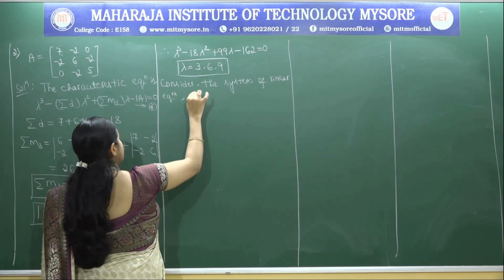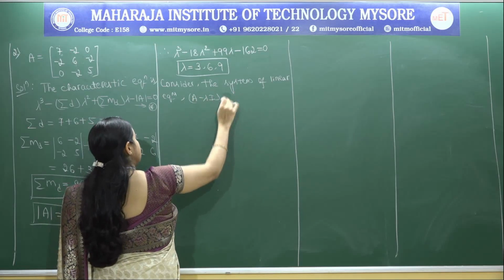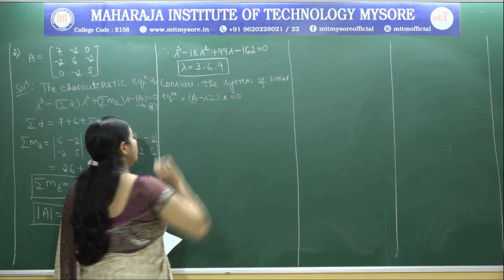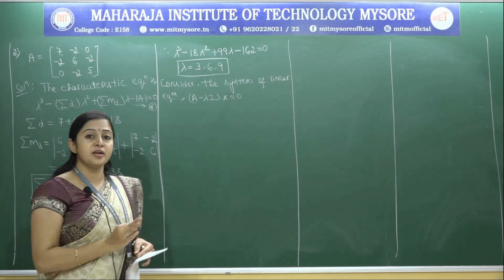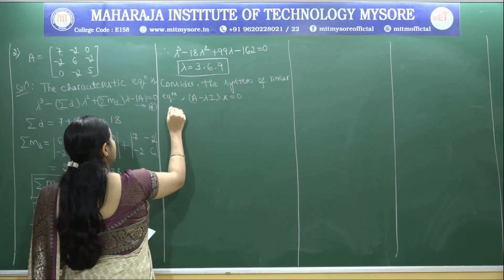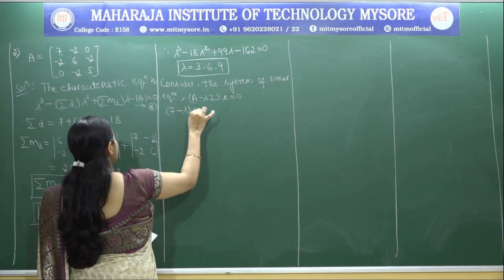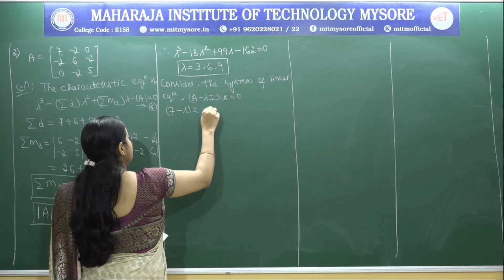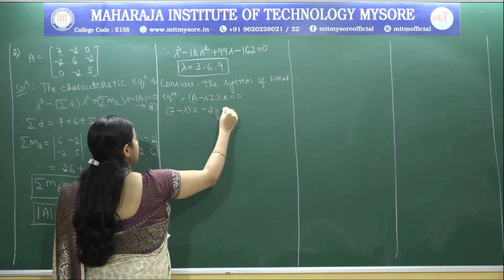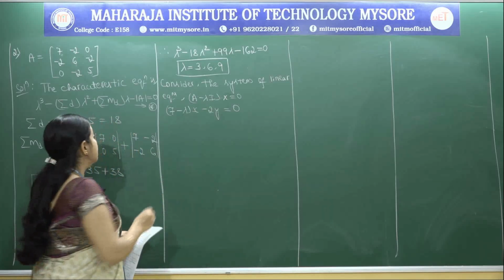So the first one, that is A minus lambda I of x equals 0. Since it is 3 cross 3 matrix, for x I take the three variables x, y and z. So I write it directly, 7 minus lambda of x, second one, minus 2y, third term is z is 0, equals 0.